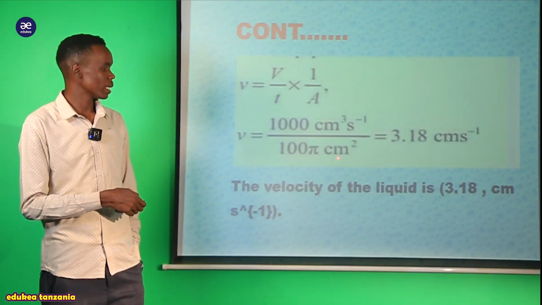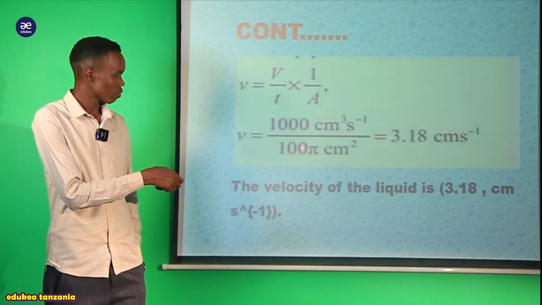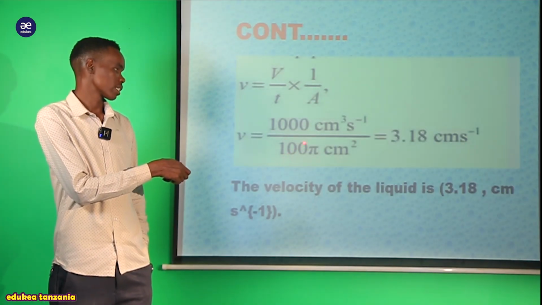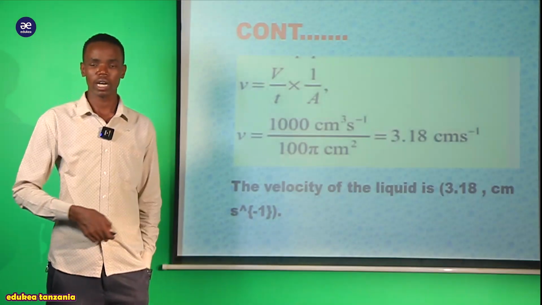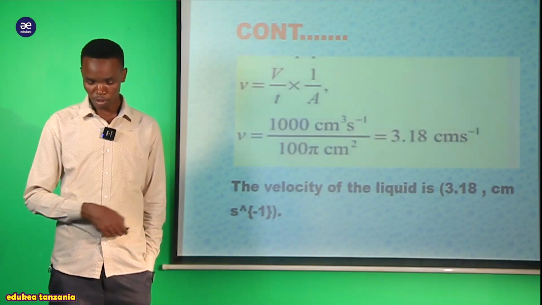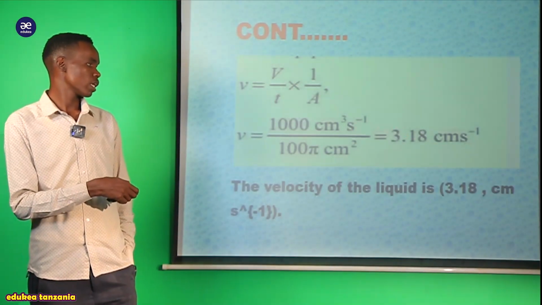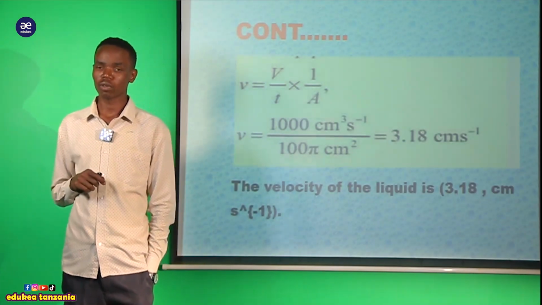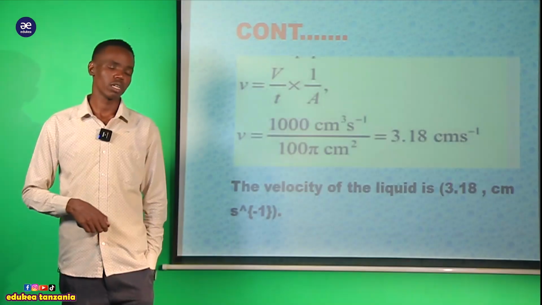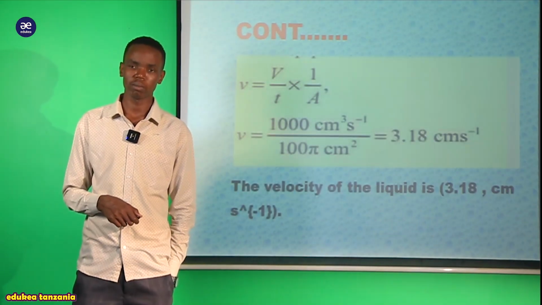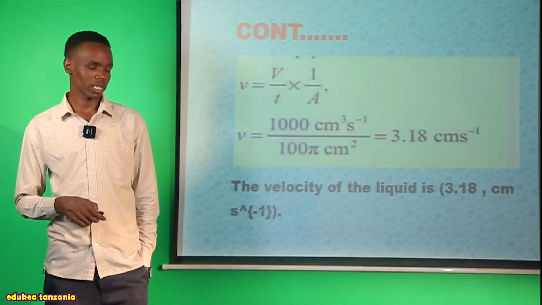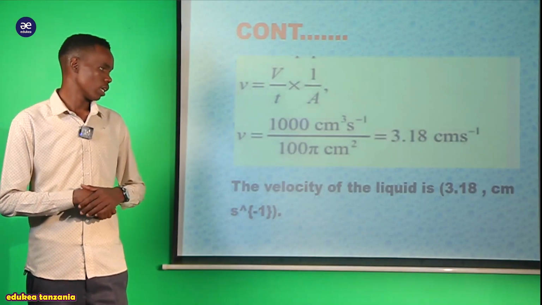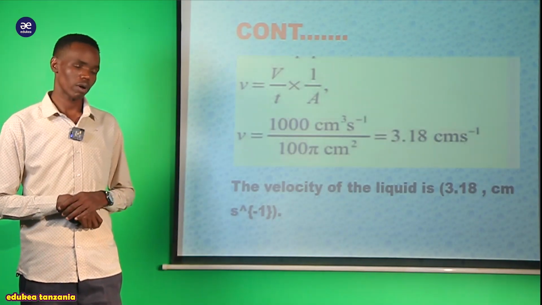Now the thing that remains here is to simplify. We have 10 at the denominator here, so let us cancel at the denominator and also at the numerator. If we cancel here, we should obtain that the velocity of the water flowing through the pipe must be equal to 3.18 centimeter per second. This will be the value of the velocity that we have been asked for in our question.